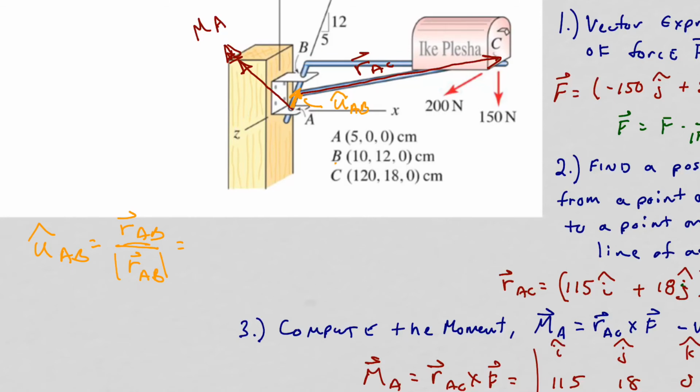In this case, we will get 5 I hat plus 12 J hat divided by the magnitude of that, which is the square root of 25 plus 144, and that will give us 13. That is our unit vector that we will use.